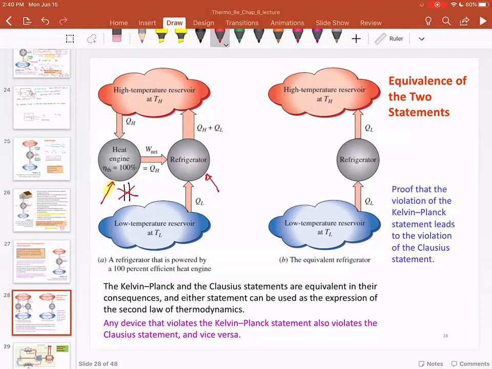And when you run that as a refrigerator, it's quite obvious that the Clausius statement is violated, because then the refrigerator doesn't need any external work. So once you do this, notice that there is no work input.